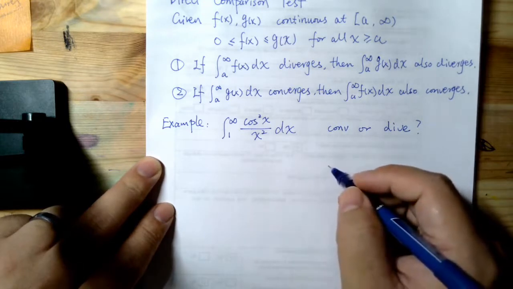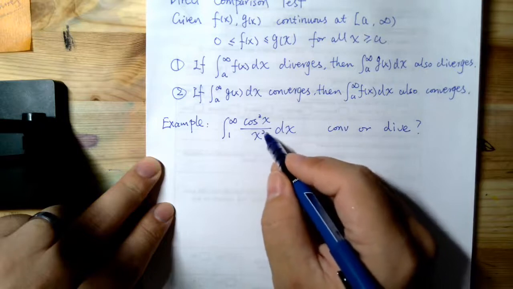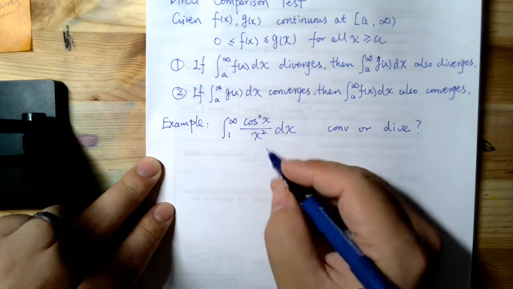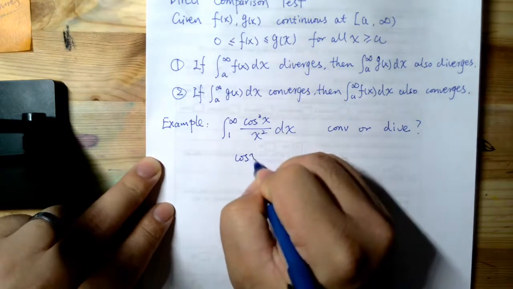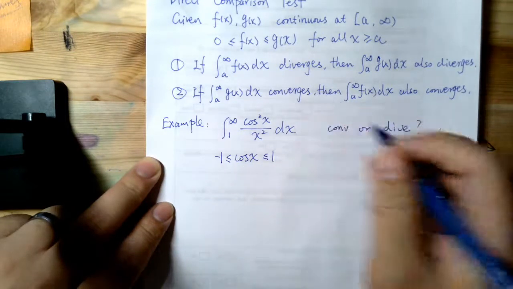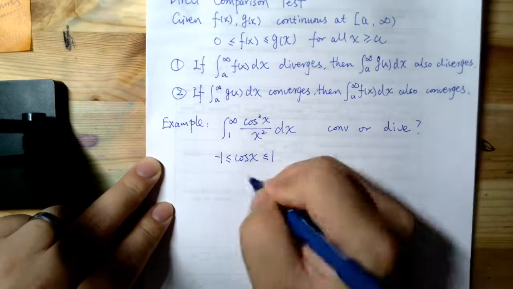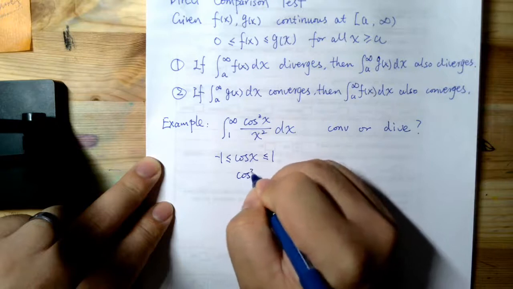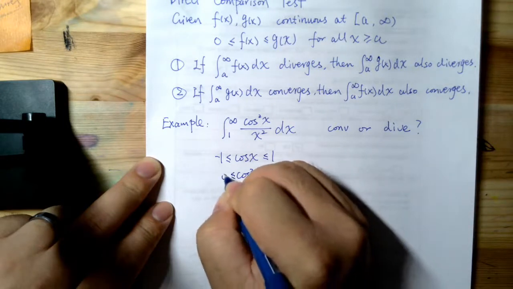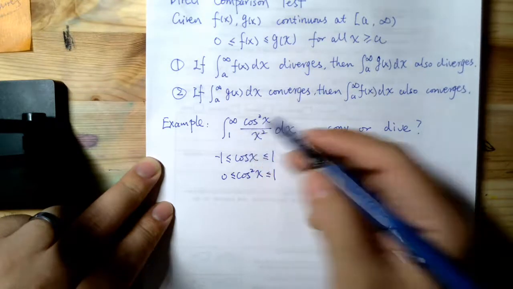Well, here we're going to make use of the properties of this trig function. So we know that cosine x is bounded by -1 and 1, and also cosine squared is going to be from 0 to 1, over the interval from 1 to infinity.